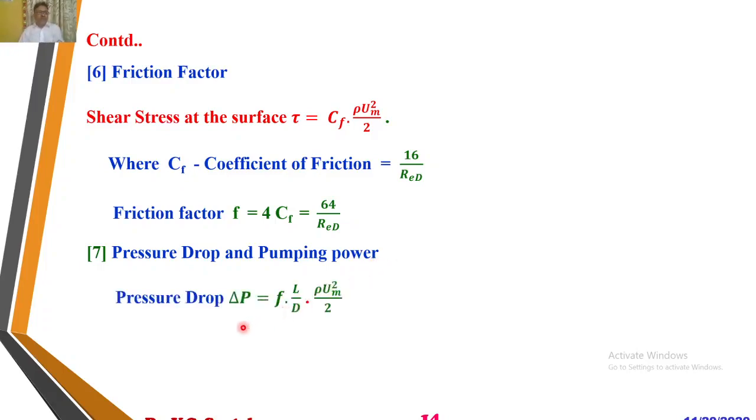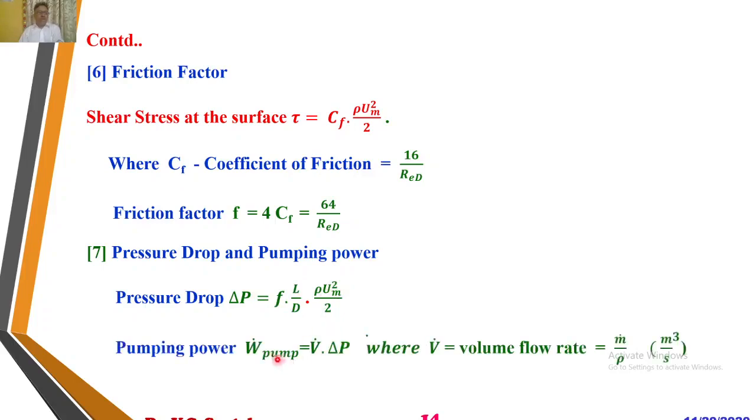So pressure drop can be calculated as delta P is equal to f into L by D, rho u_m square by 2, and pumping power W dot is equal to V dot delta P, where V dot is volume flow rate, given as m dot over rho in meter cube per second. Here L is the length of the pipe and D is its diameter.